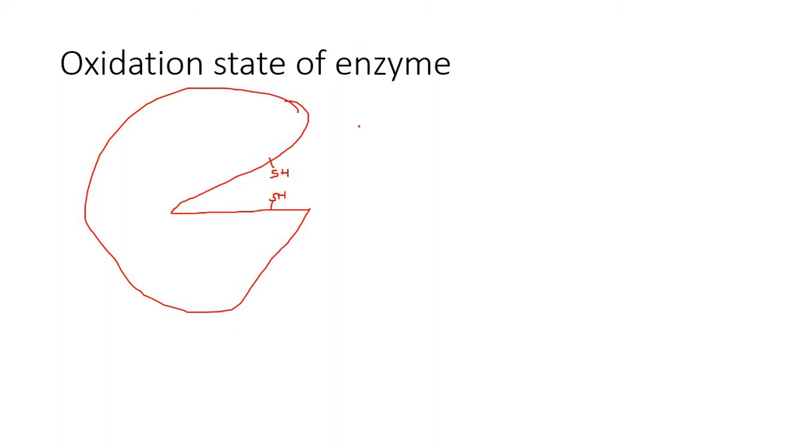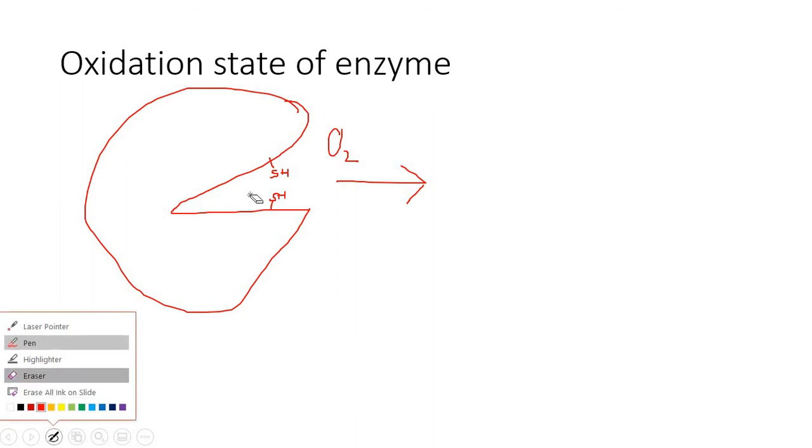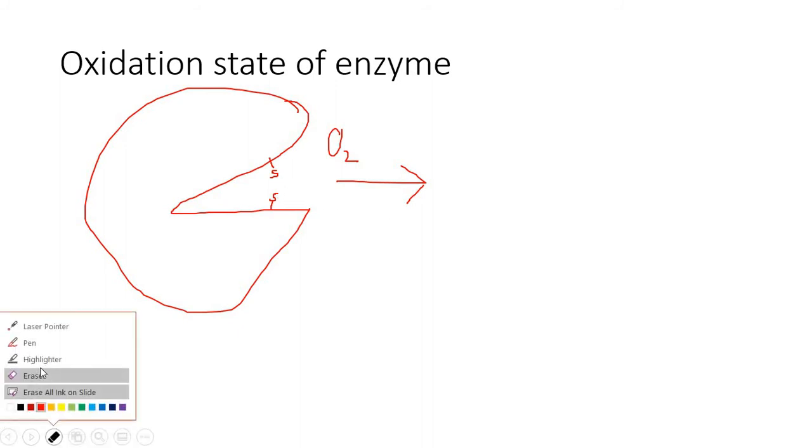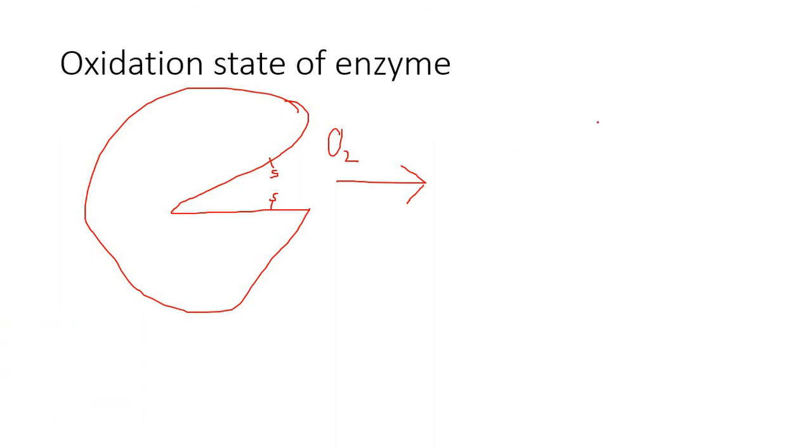Now this enzyme is in contact with oxygen. We have seen that oxygen removes the hydrogen atom. So once the hydrogen atom gets removed upon exposure to oxygen, you have two sulfurs without hydrogen. These two sulfurs of cysteine will form the disulfide bond. As a result, you will have an enzyme like this.